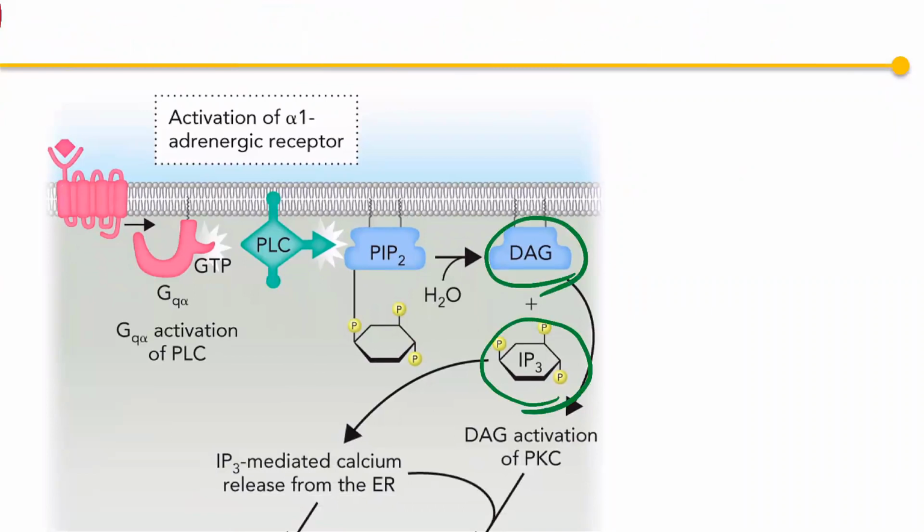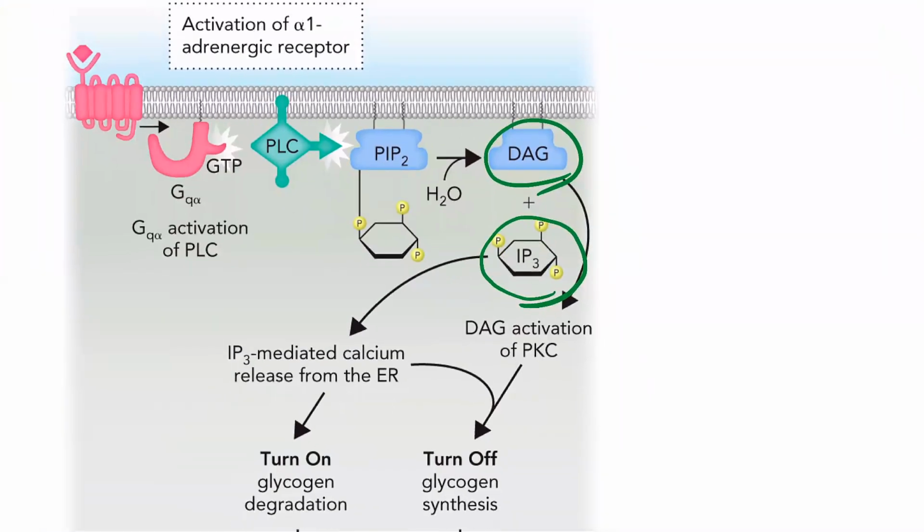So when we have DAG and IP3, what are they going to do? Well, the DAG is going to activate PKC, right? So that's what we have here, this little arrow: DAG activation of PKC. But also our IP3 is going to induce calcium release from the endoplasmic reticulum. So that's going to initiate glycogen degradation.